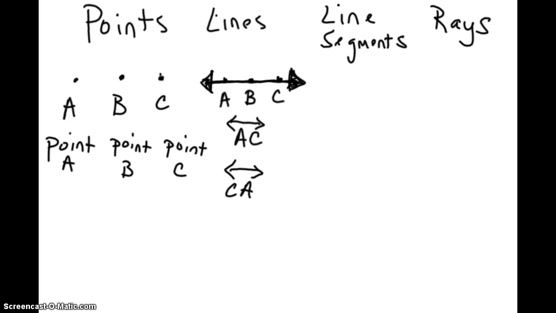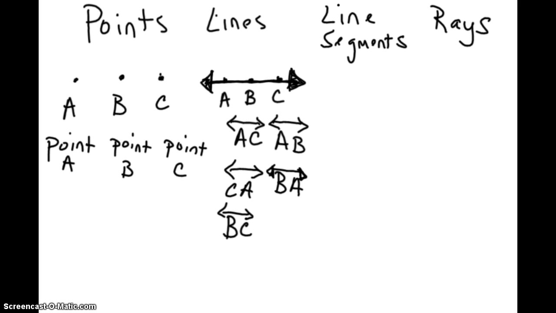Now, because this is a line that goes in two separate directions, there are several other ways to name this line. You can also call it AB or BA. This line can also be called, of course, BC.